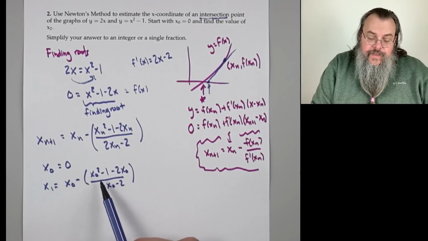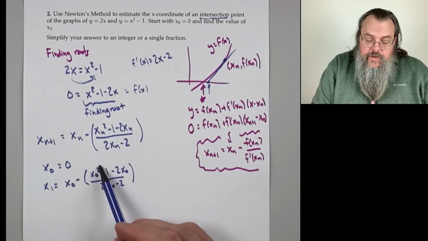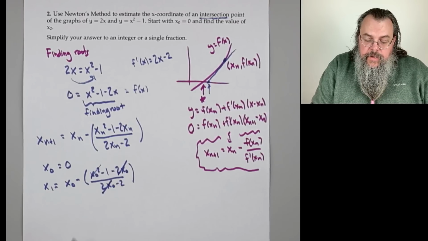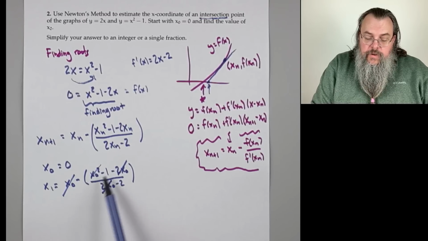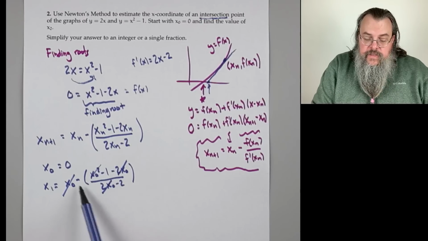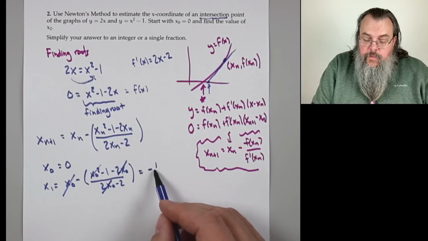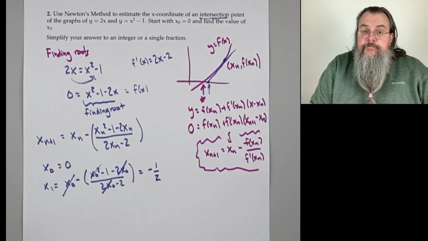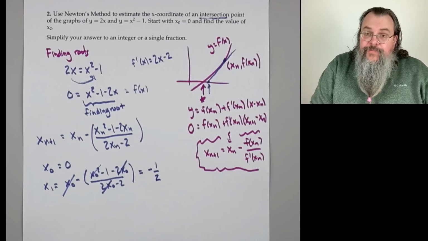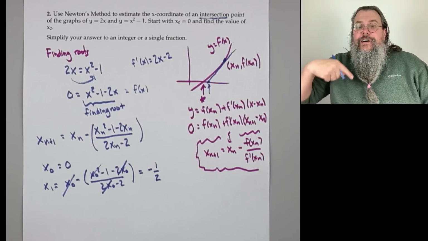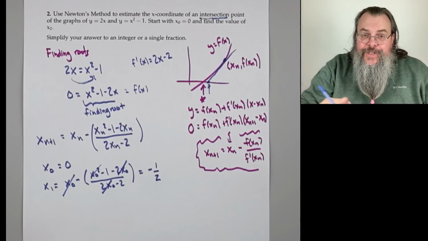But each place where there's an x0 is a 0, so those will all go away. So in fact, that goes away too. What do we see? Well, we see a half and a minus. So this becomes minus 1/2. All right, good. So that's our first iteration.